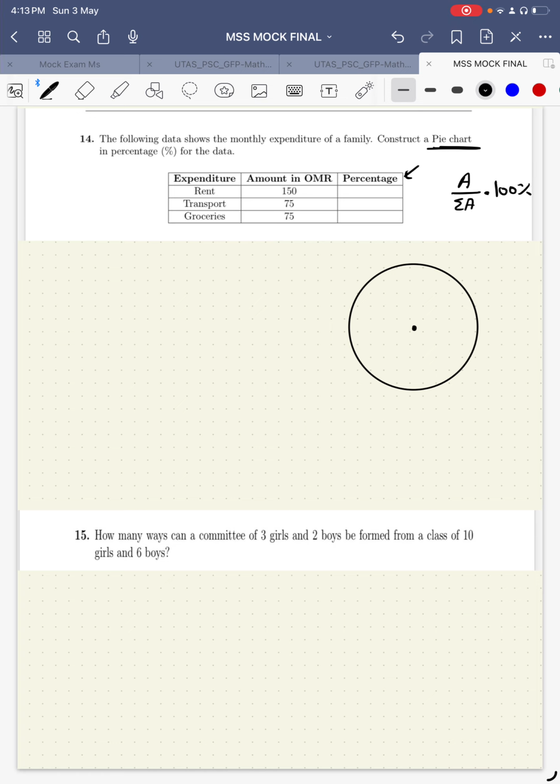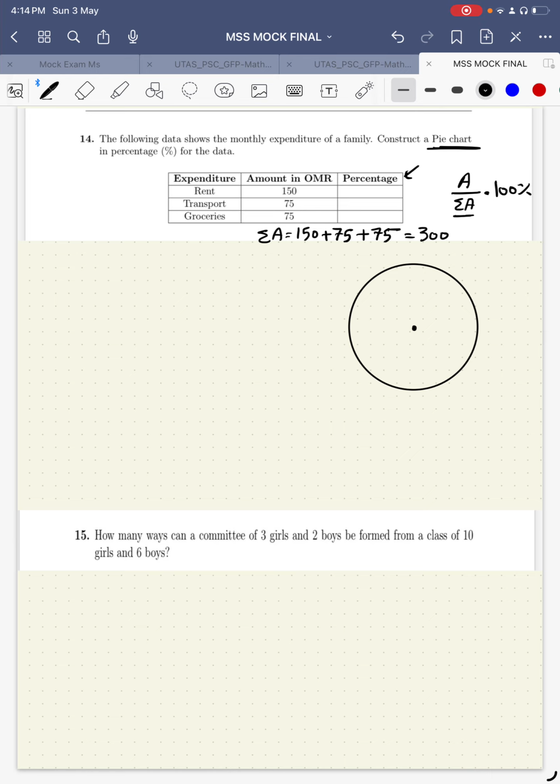So first let's calculate what is the total amount. It will be 150 plus 75 plus another 75, which is gonna give me 300. So now let's calculate the percentage for each class.